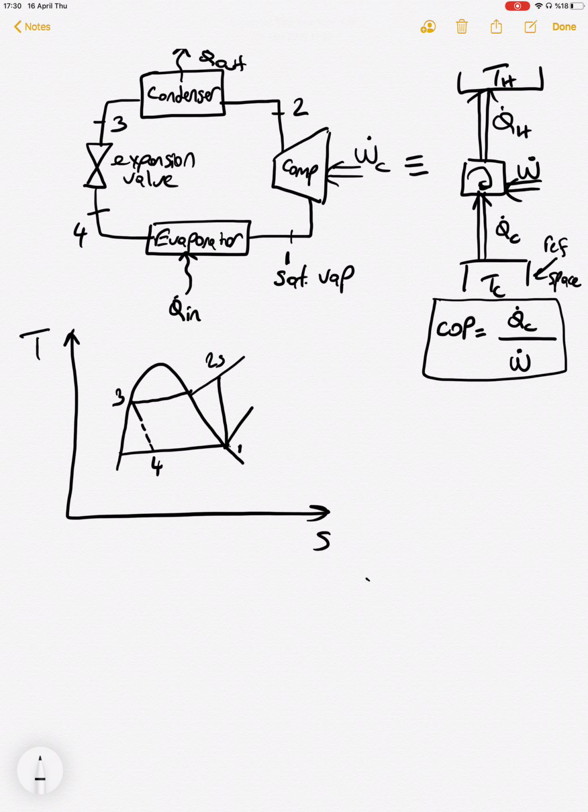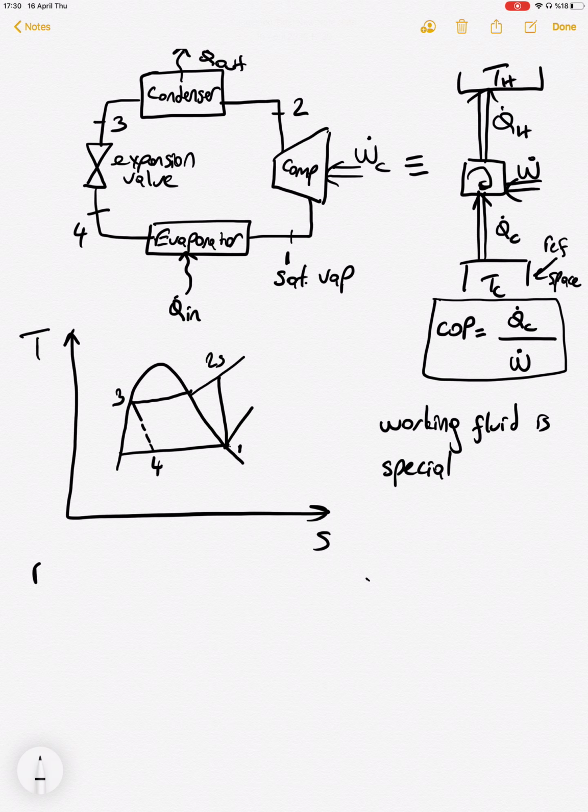Now, generally, you need a special working fluid for these systems, and depending on your application, how much you want to cool the refrigerated space, we use different refrigerants. Ammonia is an example of those, and different types of refrigerants are also examples.